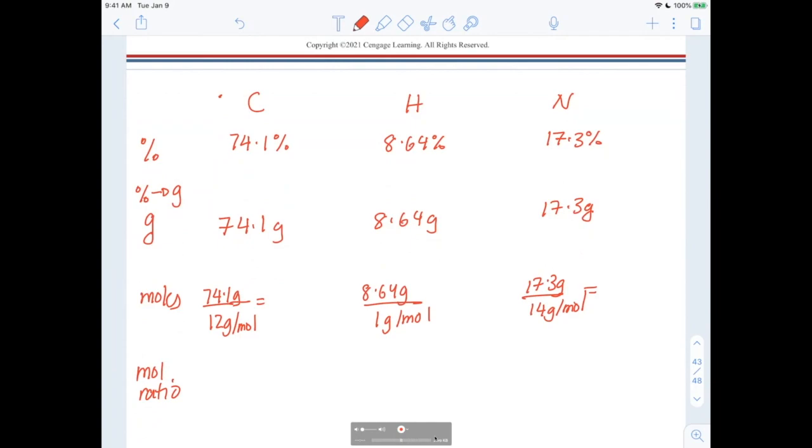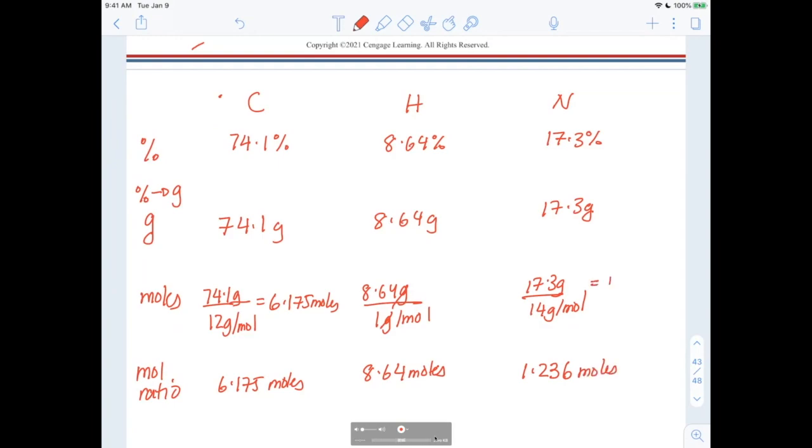74.1 divided by 12 is 6.175 moles. It's going to be 8.64 moles because the grams and grams cancel out. 17.3 divided by 14 is going to be 1.236 moles.